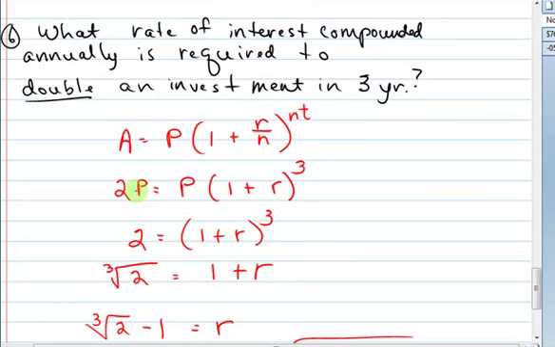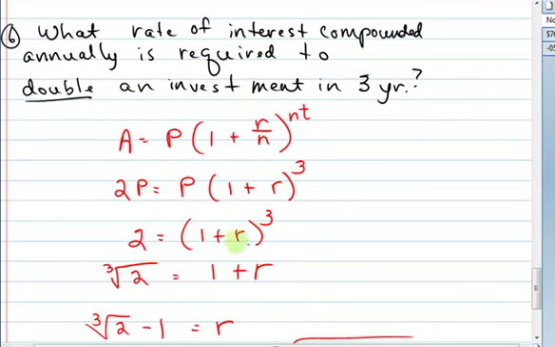If I wanted to triple it, I could use 3P. And I've got P there, and everything that I know that's part of the formula. It's R over N. N's the number of compounding periods. Well, it said annually, so that's 1. And that's 1 times the time, which is 3. So the P's cancel each other out.